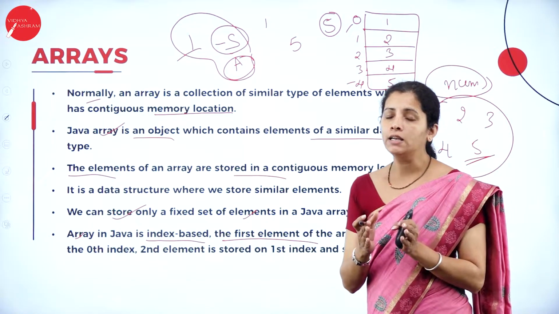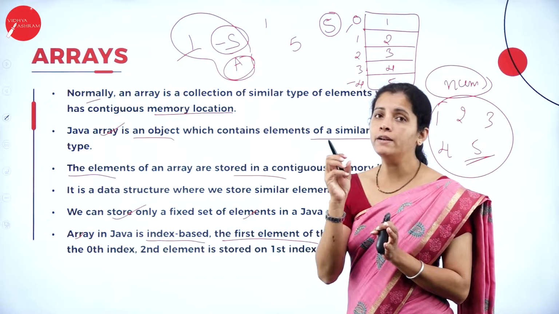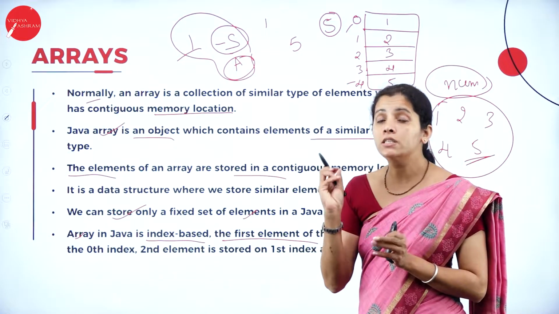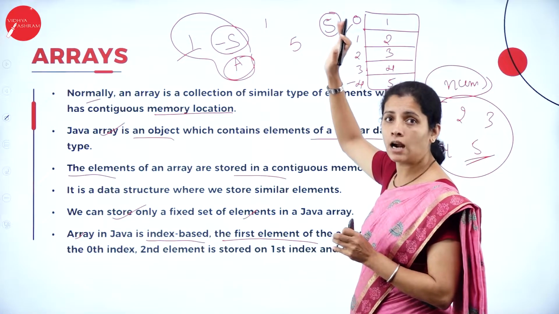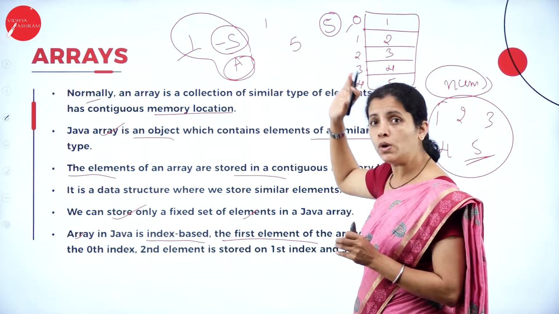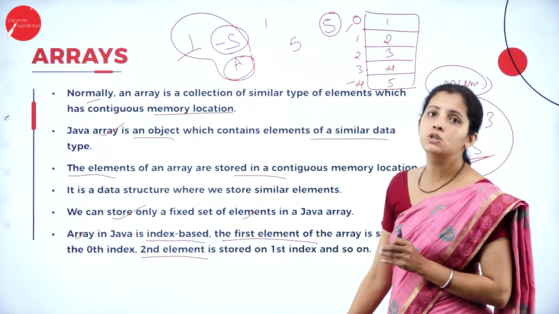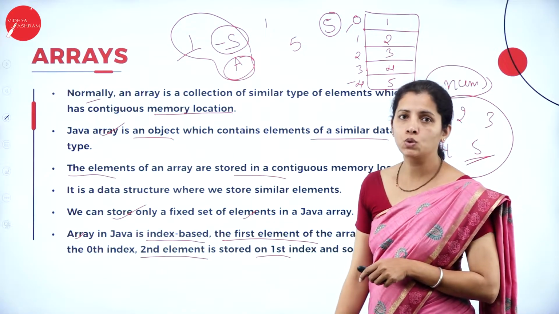So, dear student, if I consider an array, the first element of the array is always stored at the 0th location. For that reason, array index starts from 0 to n minus 1. And the second element is stored at the first index and so on.